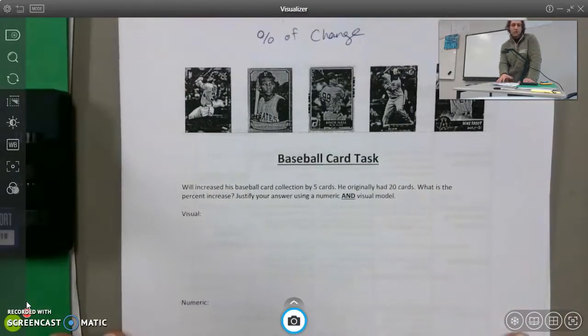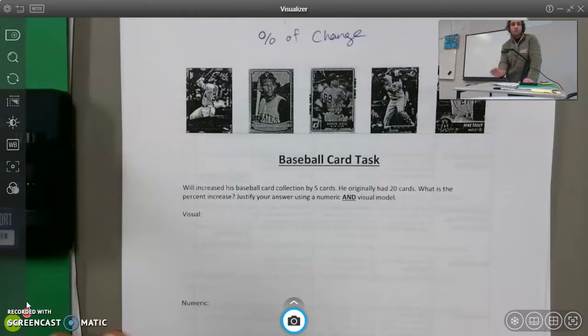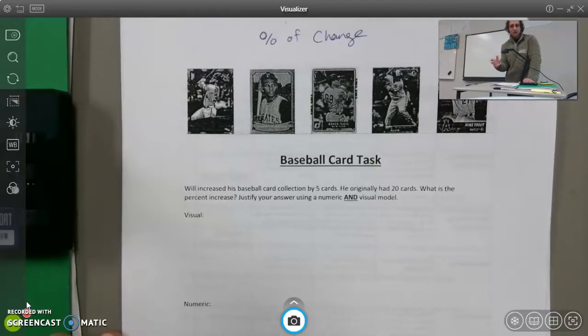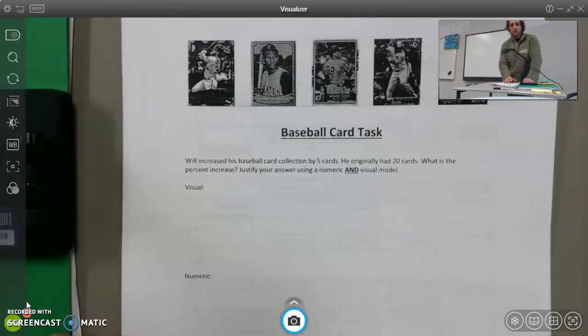I will read the task to you, and it's meant to be a task for students to experiment, to draw some pictures, to try to represent this visually, and then come up with a numeric answer, and then we discuss that in class. So I want to give you the opportunity to do that at home, and then I'll discuss what conclusions you should have made as you explored this on your own.